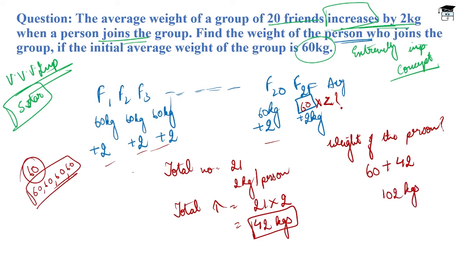It is increased by 2 for the new total number, which is 21. So 21 into 2 is equivalent to 42 kgs. So the weight of the person is 60 plus 42, that is 102 kgs. What is the question? Find the weight of the person who joins the group. So the answer here is 102 kgs.